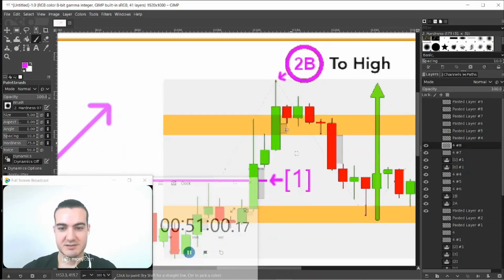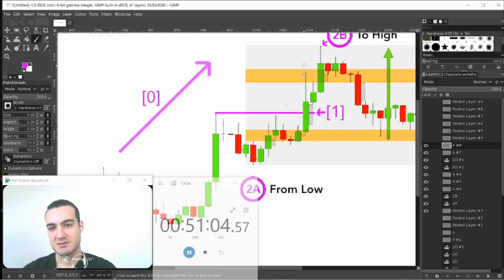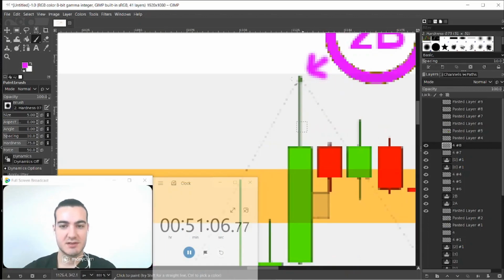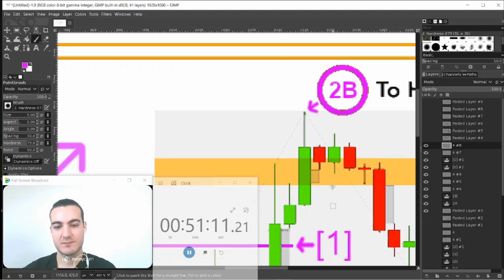I will also say this, for the purpose of drawing the Fibonacci zone, you want to use the wicks and not the candle body.